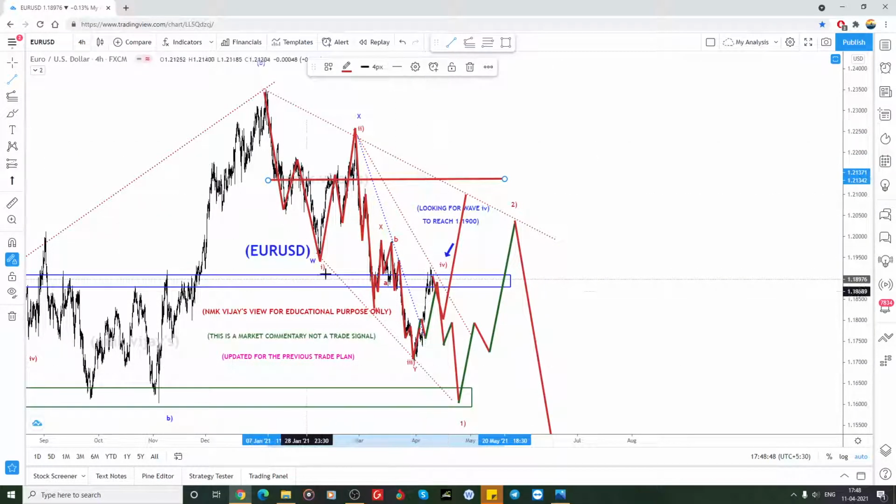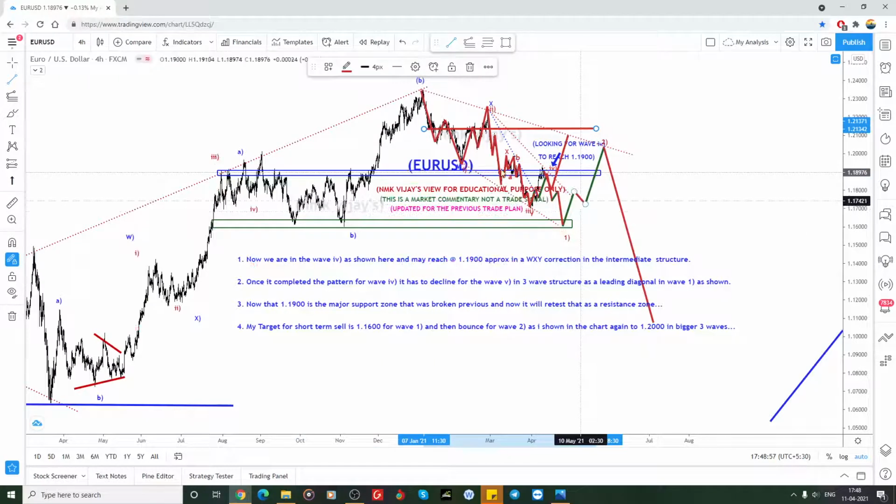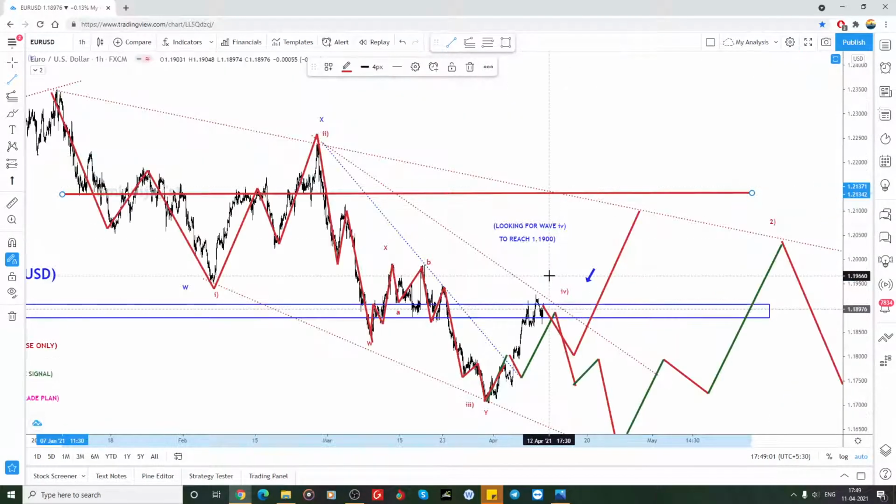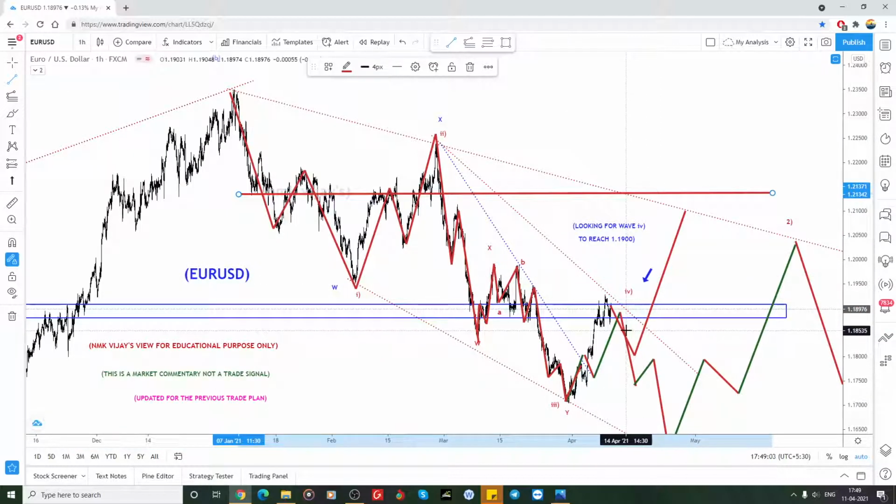It's looking like a leading diagonal formation. It's already finished, and I'm looking for whether a deeper correction can happen or not. What I'm trying to say is, if that happens, it's a chance for intraday buys, and then if it reaches here, you can go for the positional view for the downtrend.